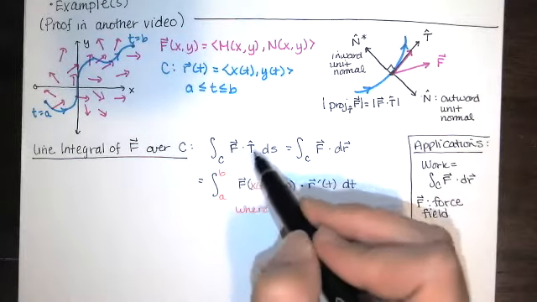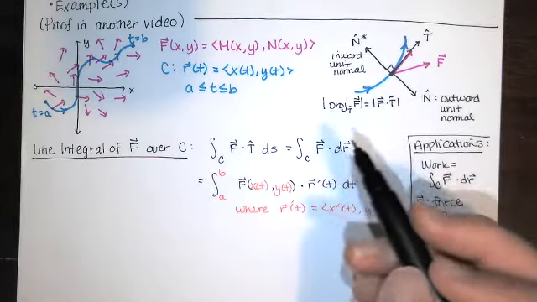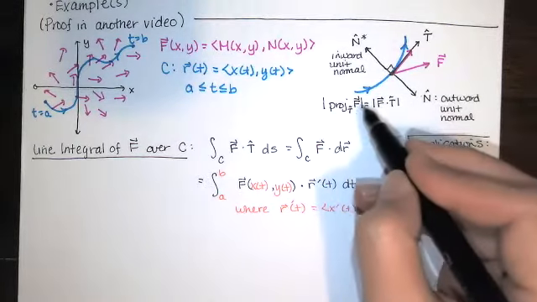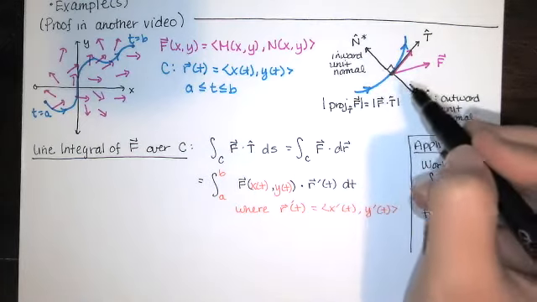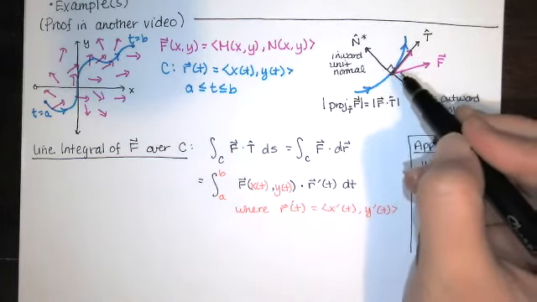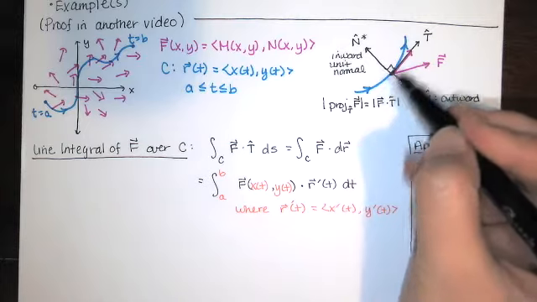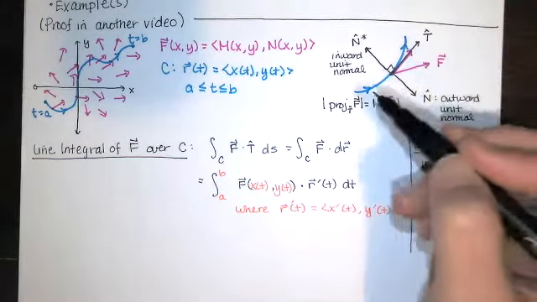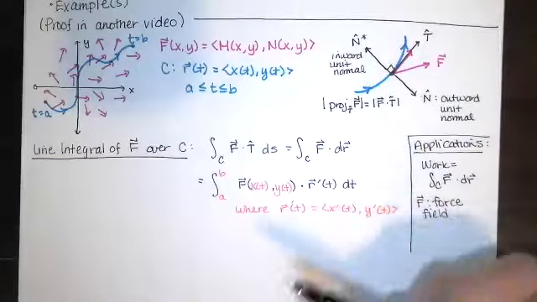So this F dot T without the absolute value is basically the signed projection of the force onto the unit tangent. It's the magnitude of the force in the direction that I'm going, and it's positive if it's acting in the same direction. It's negative if it's acting in the opposite direction.